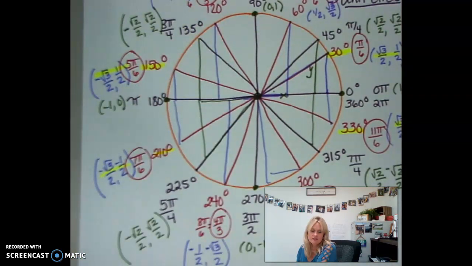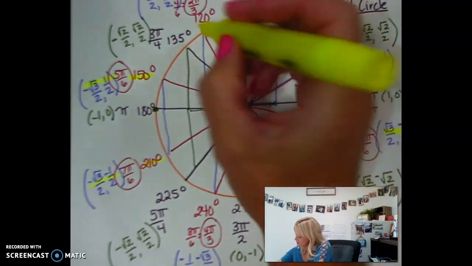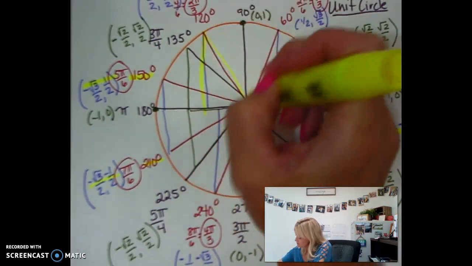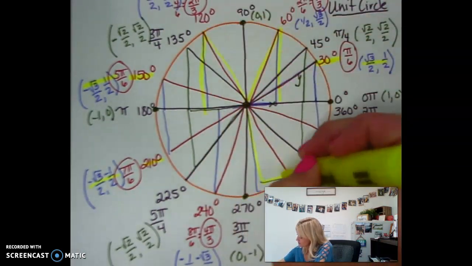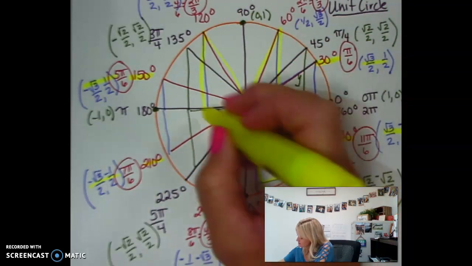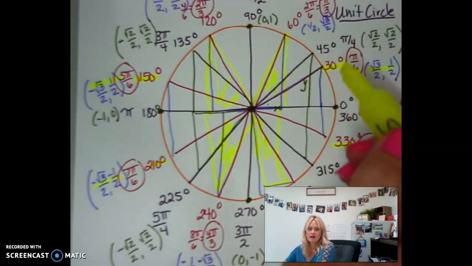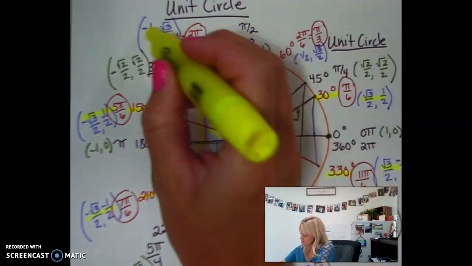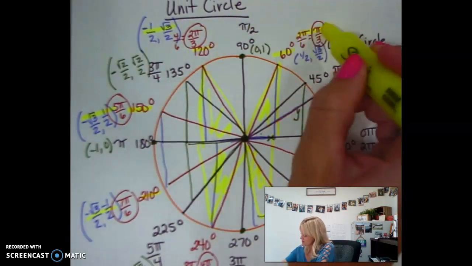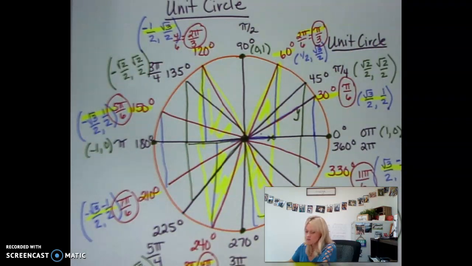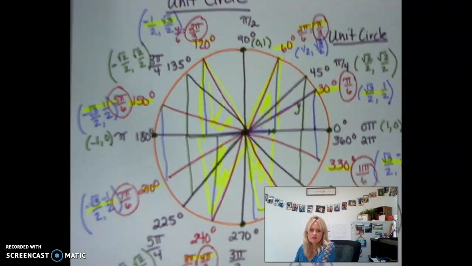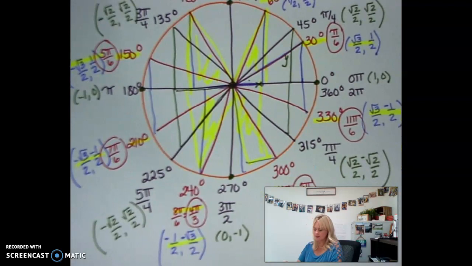The only difference is the negatives and the positives. So look at here. Do you see these triangles and how they're reflected in here? And now what do you notice? These x and y's are the same as these x and y's. So that also maybe can help you a little bit on your memorizing.